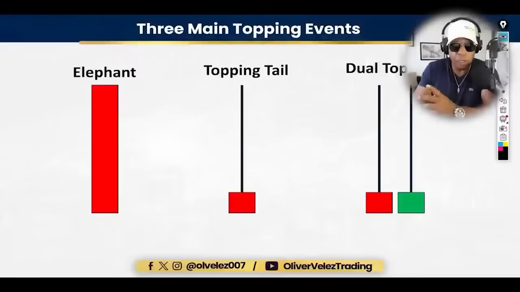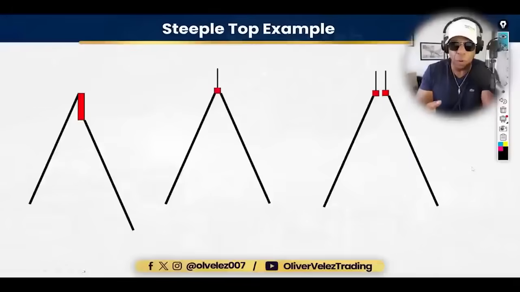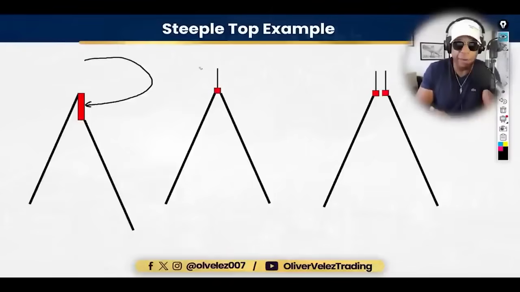All right. So I want you to understand we're talking about the top of your cycle, the top of your atom. So remember when I told you that there's the steeple top. What I'm showing you now is that you can have a steeple top that is locked in or formed with the bear elephant bar.